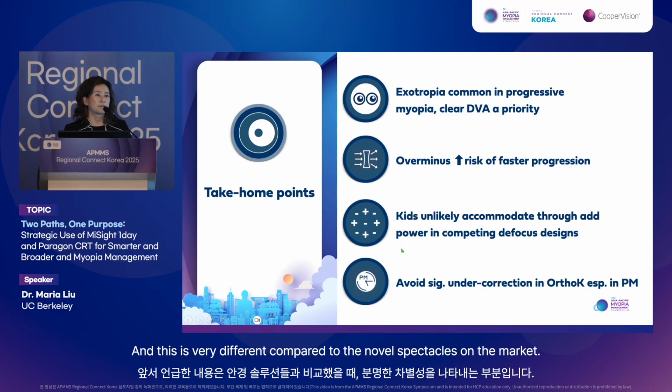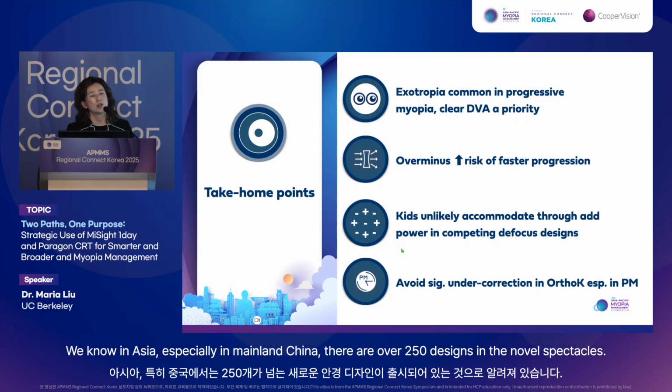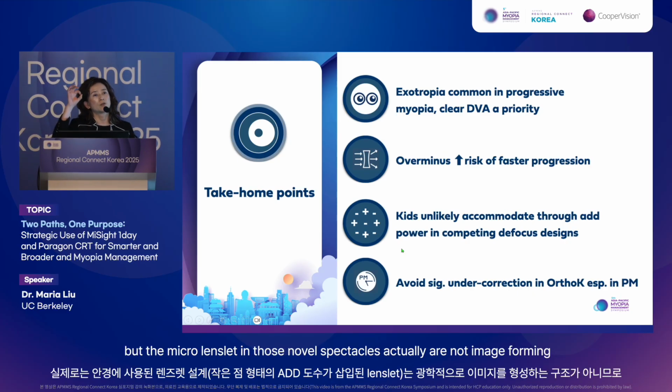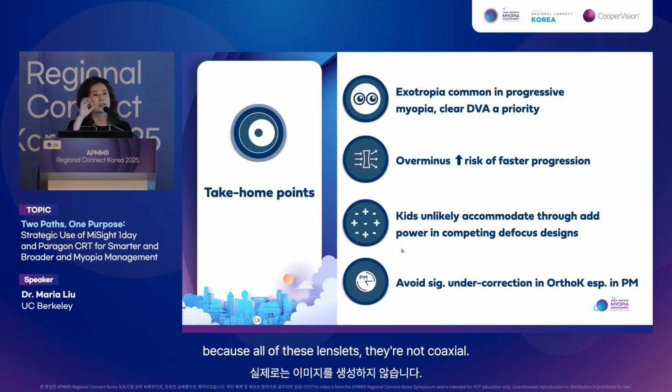And this is very different compared to the novel spectacles on the market. We know in Asia, especially in mainland China, there are over 250 designs of novel spectacles. Even though a lot of doctors call them defocus glasses, the micro lenslets in those novel spectacles actually are not image forming, because all of these lenslets are not coaxial.